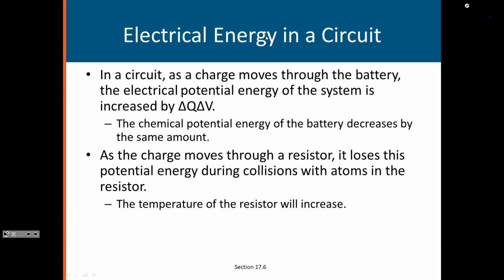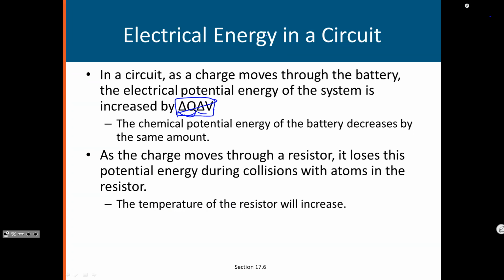The charges will be brought from a lower potential energy to a higher potential energy, and the amount of increase is given by delta Q delta V, where delta Q is the amount of charge and delta V is the potential difference. Then the charges move through the circuit and come across a resistor.